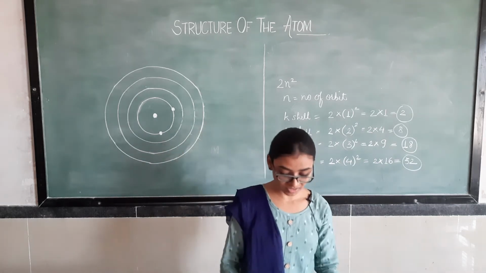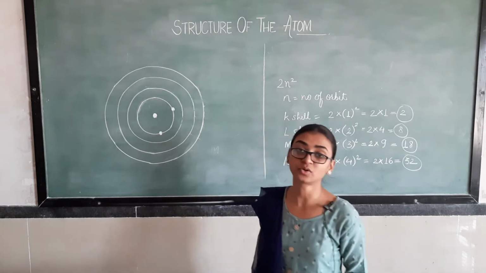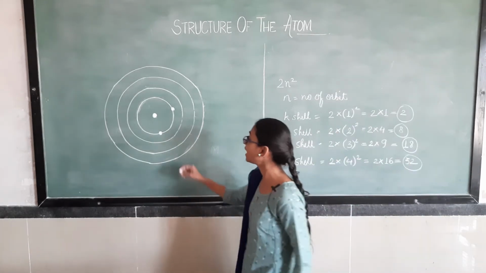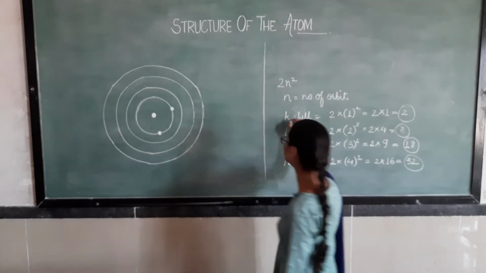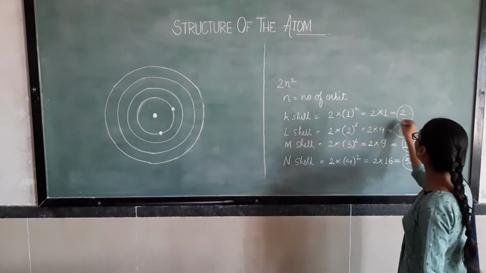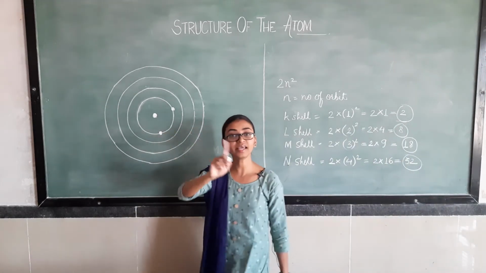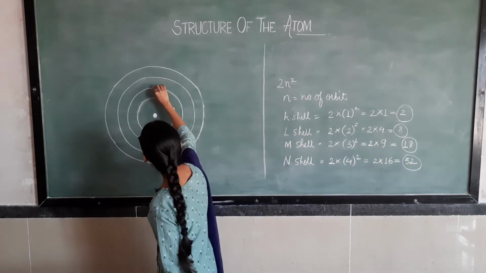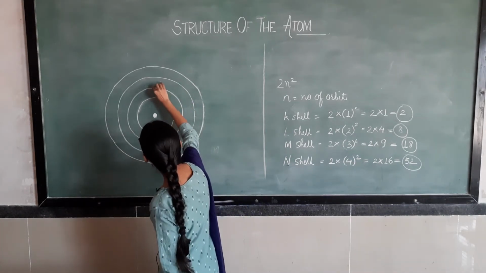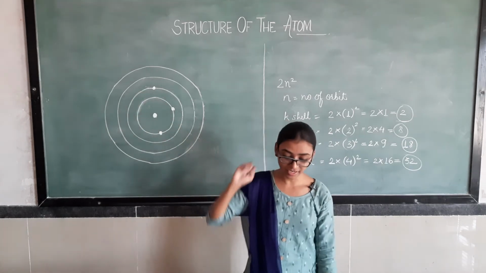Now see lithium. Lithium has 3 electrons, and from here we can conclude that the K shell is full, as the K shell can only accommodate 2 electrons. So K is full. Now the third electron of lithium will move to the L shell.